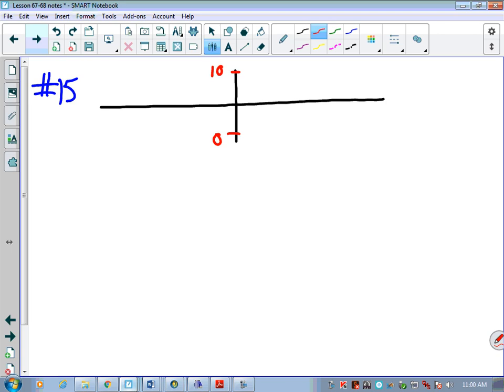Let's see. It wants this in terms of a sine function. That's kind of part of the problem you're going to get in here. Let's do this. It's actually not terrible.